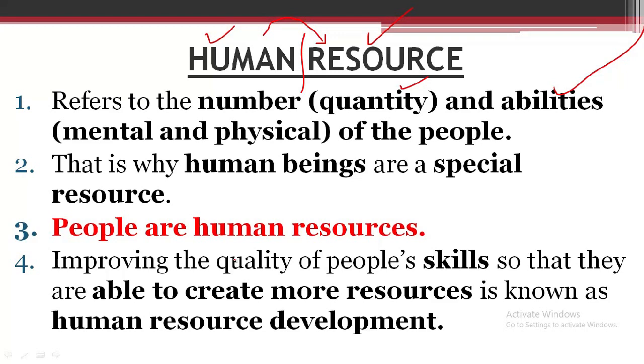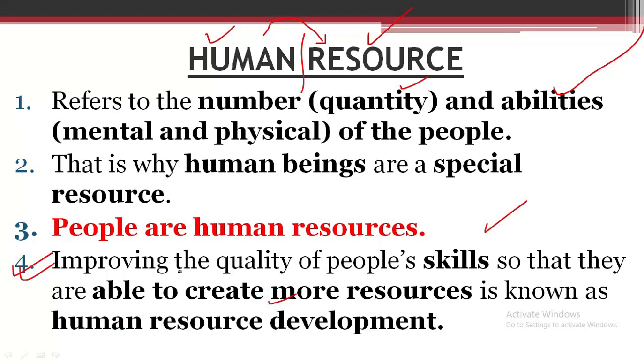Now how does a simple human turn into a human resource? For that, let us come to point 4. Improving the quality of people's skills so that they are able to create more resources.